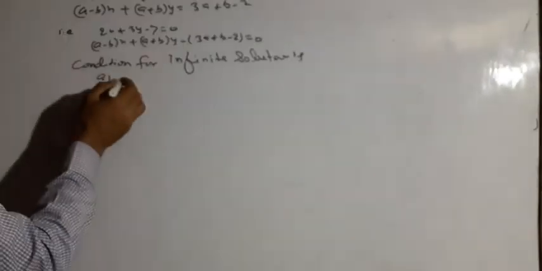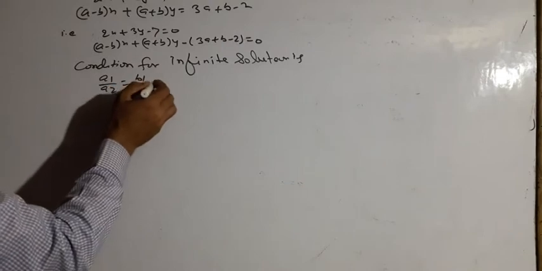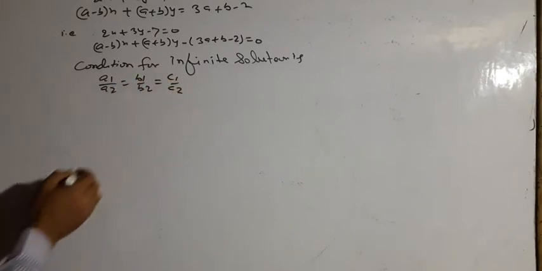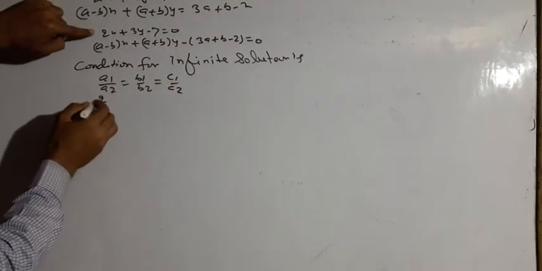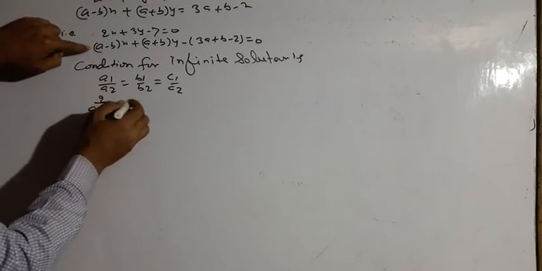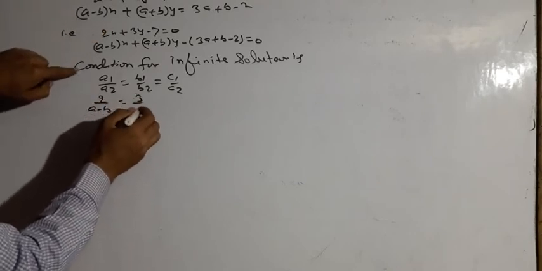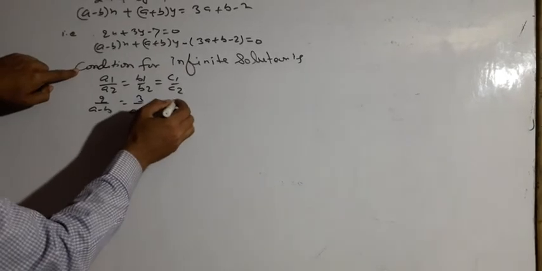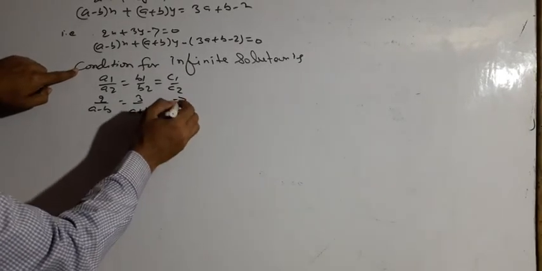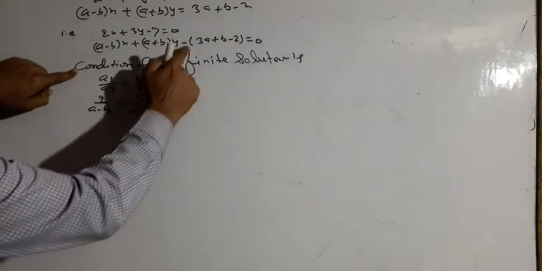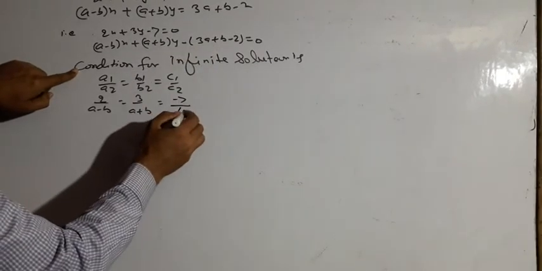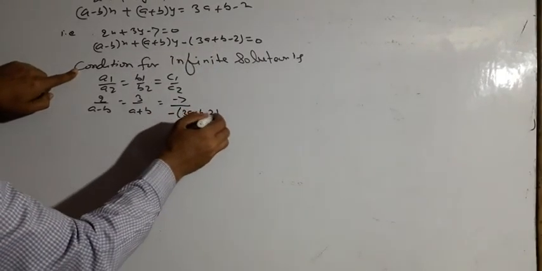a1 by a2 equal to b1 by b2 equal to c1 by c2. a1 means 2, a2 means a minus b, b1 means 3, b2 means a plus b, c1 means minus 7, c2 means minus (3a plus b minus 2).